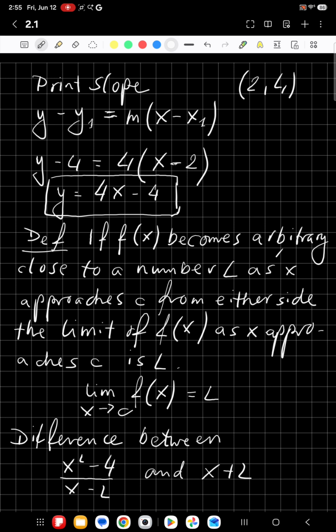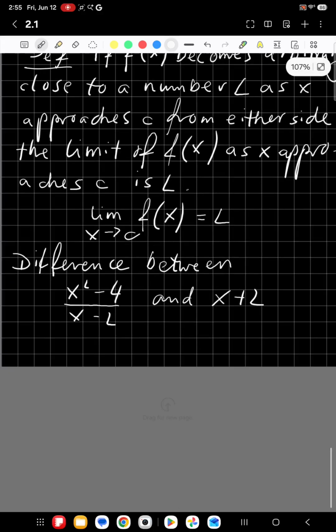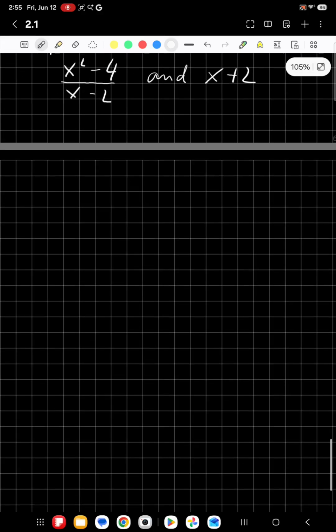What we did was factor the top, and then simplify this whole thing to x plus 2. So this is a rational function, x squared minus 4 over x minus 2. Let me show you the graph.